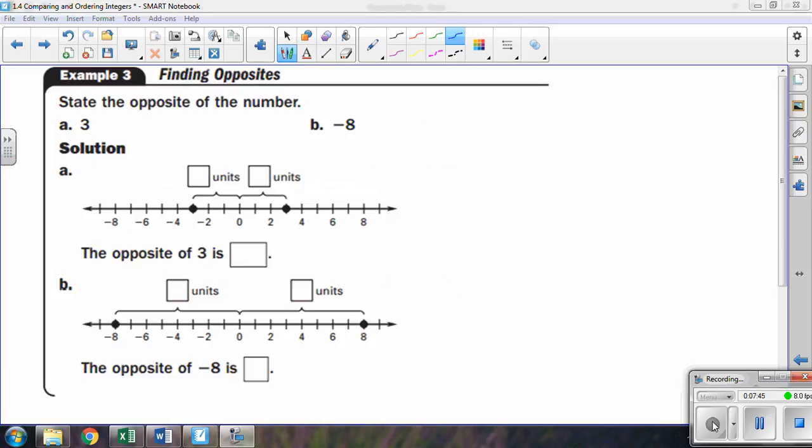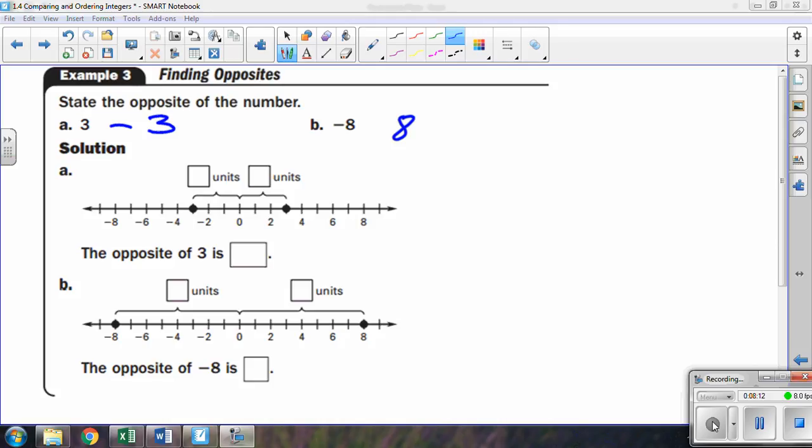Right, so we know that opposites just have different signs. So what's the opposite of positive 3? And the opposite of negative 8 is positive 8. Visually, we see these things on the graph because we know positives and negatives have a direction to them.